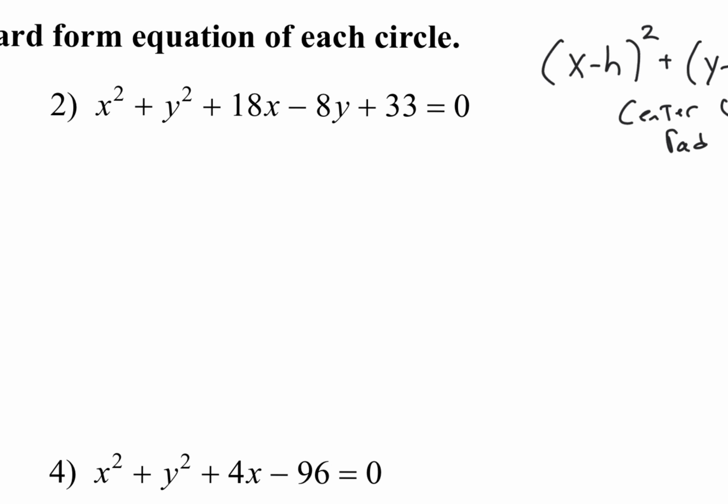The easiest way I've found to do this is to start out by just writing stuff together, putting your x's with your x's, putting your y's with your y's. But I add a little piece into it because I know we're going to complete the square eventually. So the way I like to do these questions is I like to say, okay, let's put the x's together.